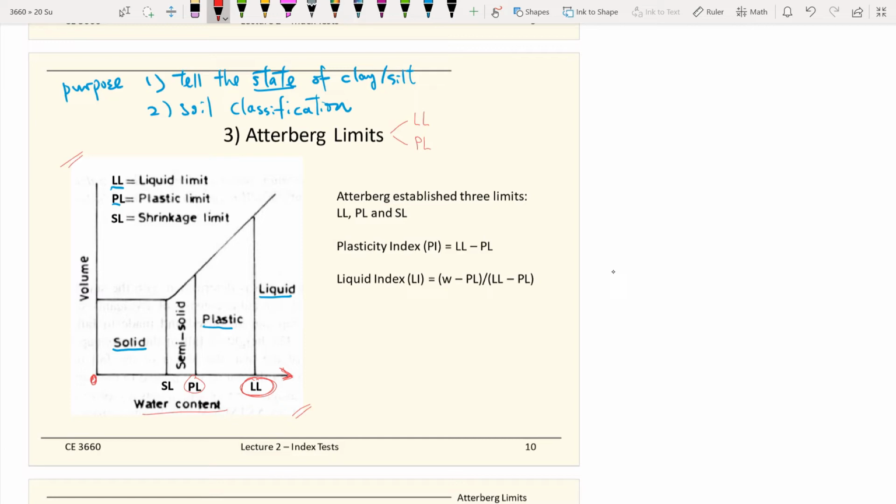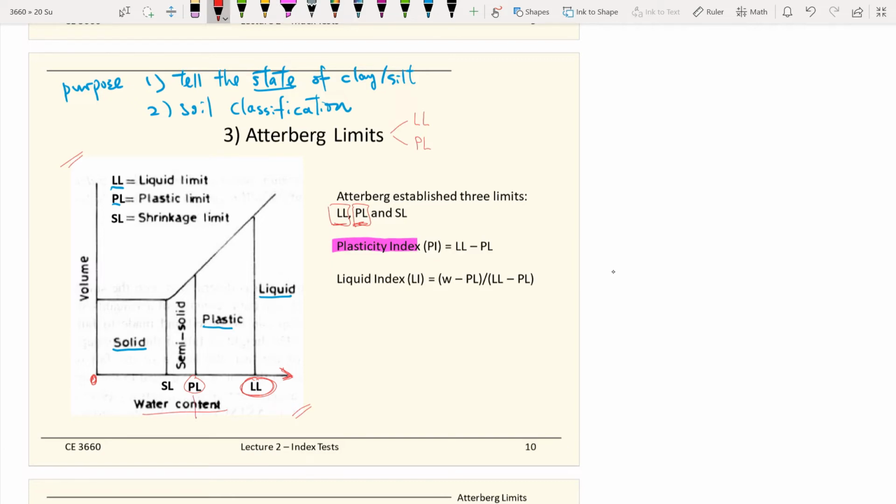So there are also shrinkage limits, but for our soil classification purposes, all we need is the plastic limit and the liquid limit. There is also another terminology, the plasticity index, which is defined as the difference between the liquid limit minus the plastic limit.